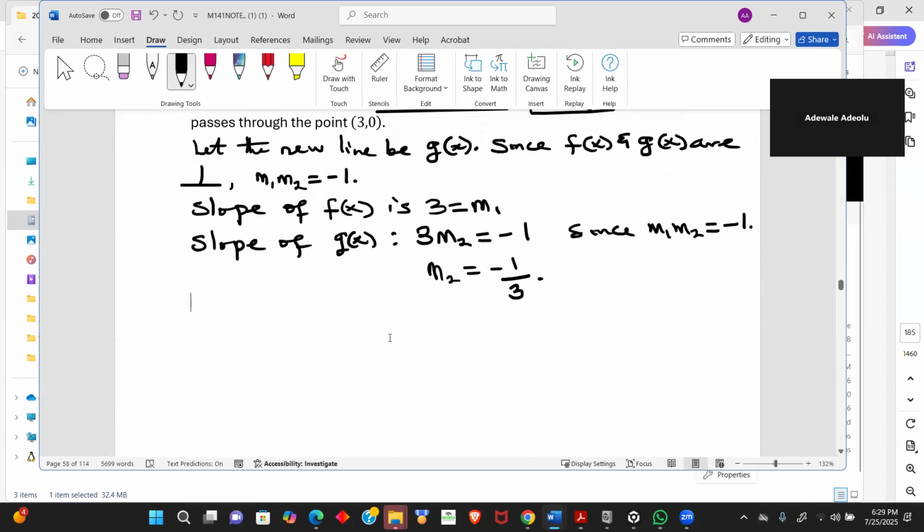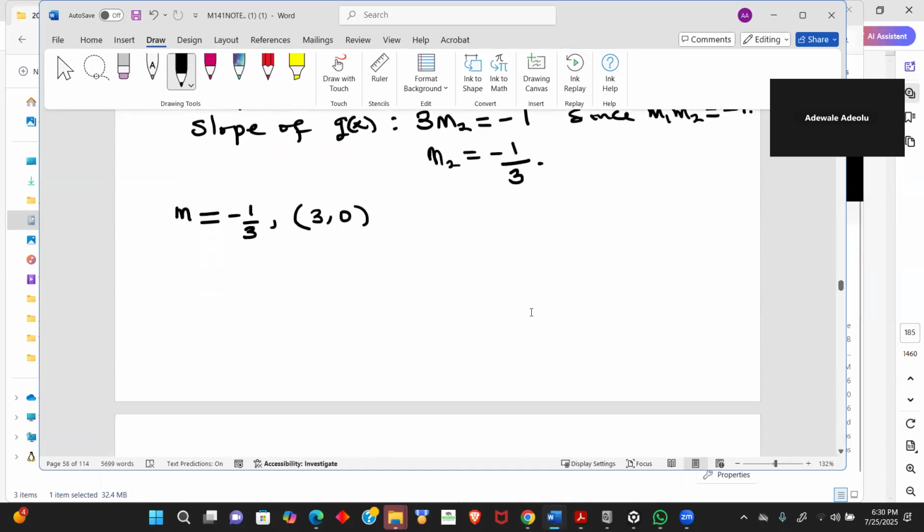Now, what do we know? We know the slope of g, m, is -1/3, and it passes through the point 3, 0. So again, we do the same thing we did the other time. Using point slope form, we know that y minus y1 equals m into x minus x1.